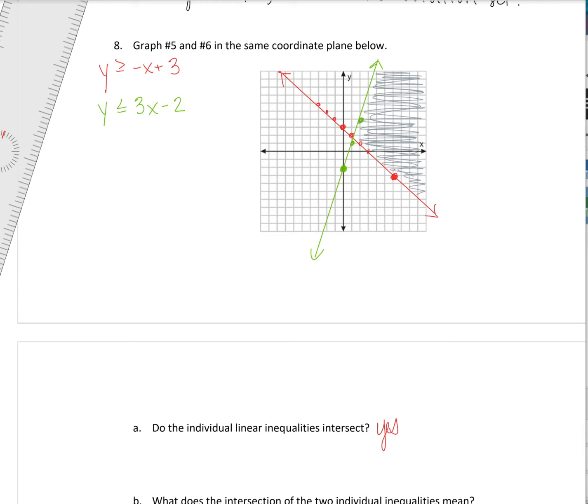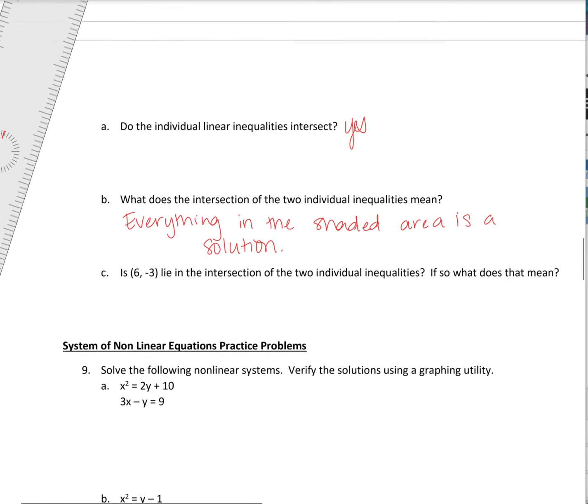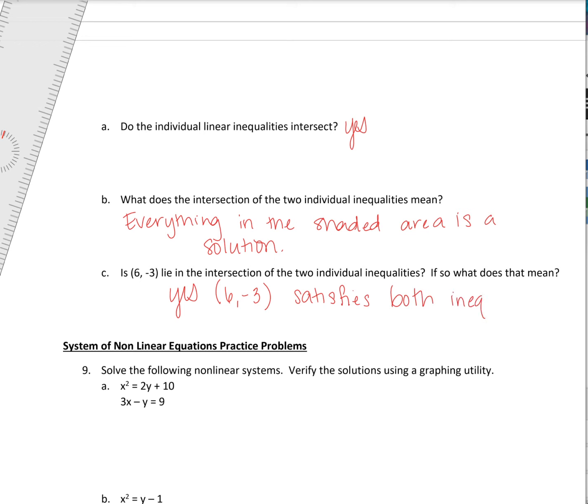If that were a dashed line, that would not be the case. We would say, no, it is not a solution. But in this case, we can say, yes, (6, -3) satisfies both inequalities.